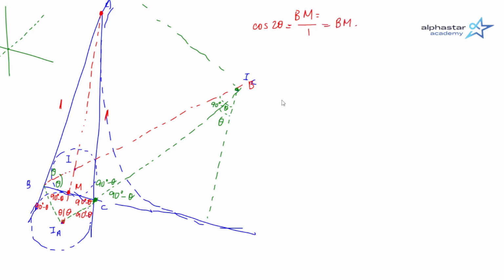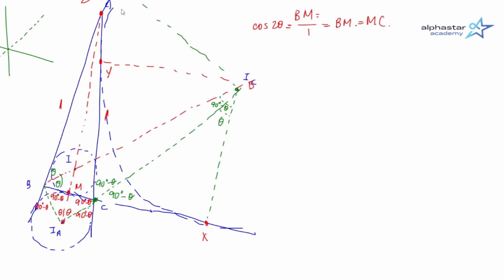So then BM is equal to cosine 2 theta, which is also equal to MC. Let's give values, say X, and this is the tangency point, Y, and let's say the tangency point up there is Z, between the B-excircle and each of the three sides.